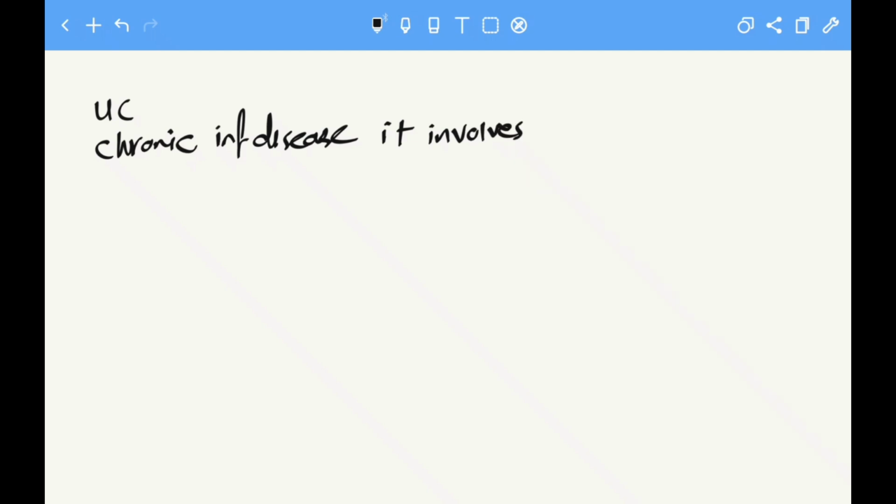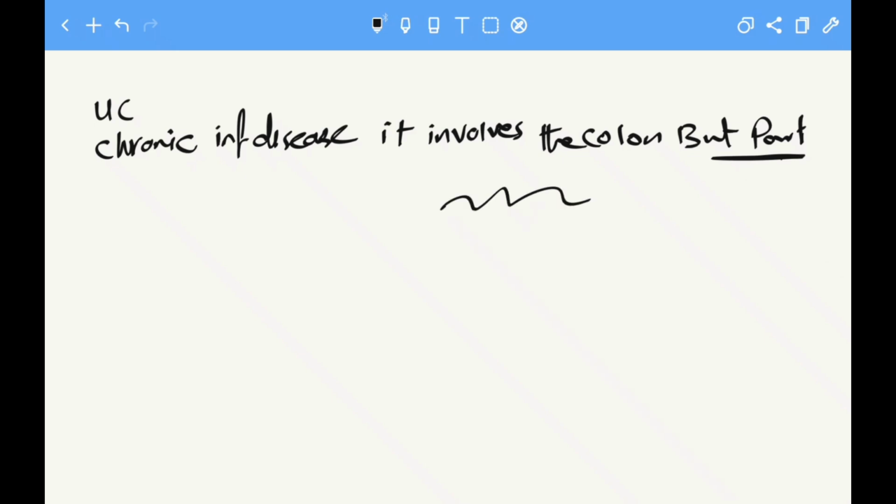Let's start to answer some questions. What is ulcerative colitis? Ulcerative colitis is a chronic inflammatory disease. It involves the colon, but only part of it.